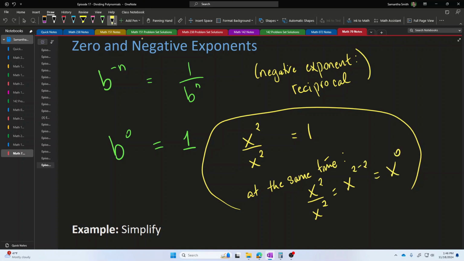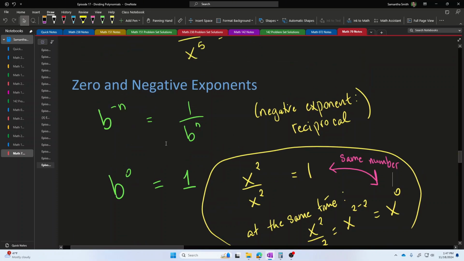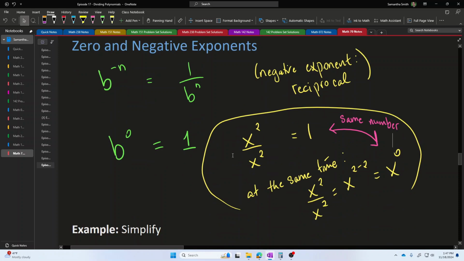That would be x to the power 0. So these two answers are the same answer to the same question. They were just obtained by different methods. So these must be the same number, just expressed in different formats. So negative exponents have the power of making reciprocals, and 0 exponents always create a result of 1.